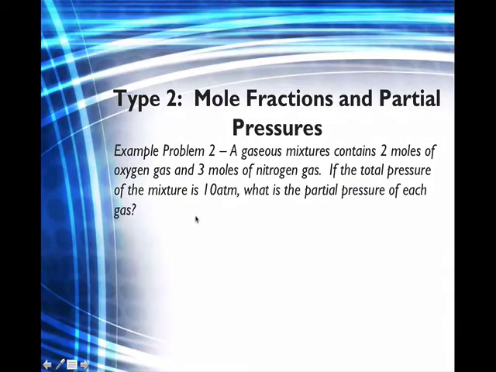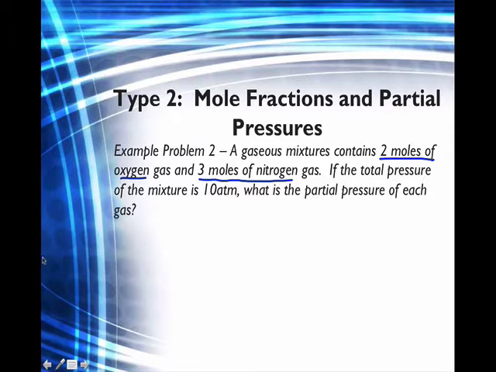And here's our example problem. A gaseous mixture contains 2 moles of oxygen gas and 3 moles of nitrogen gas. If the total pressure of the mixture is 10 ATM, what is the partial pressure of each gas? Because they've given me moles of nitrogen gas and moles of oxygen gas, the first thing I'm going to do is figure out the mole fraction of oxygen and the mole fraction of nitrogen.